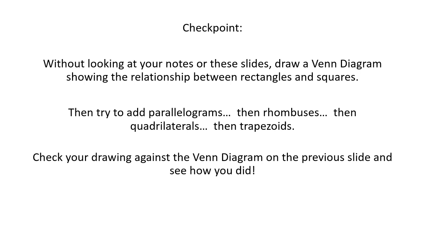If you can, that's a pretty good indication that you know how all these things are related. And if not, look at the ones you got wrong. Why did you draw it a certain way instead of the way that it was meant to be drawn? If you have any questions about the Venn diagram or the hierarchical table, or why you got something wrong, or any sort of misunderstanding about it, as usual, bring those questions to class and we'll get them answered.